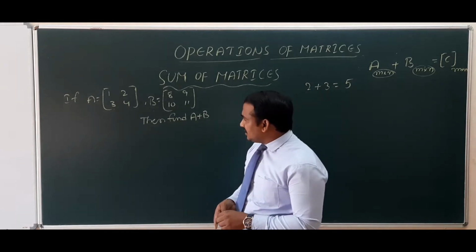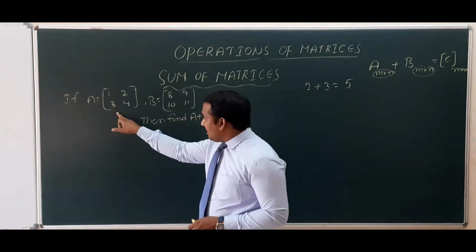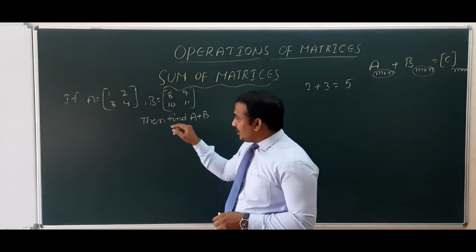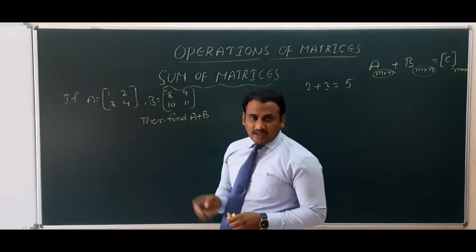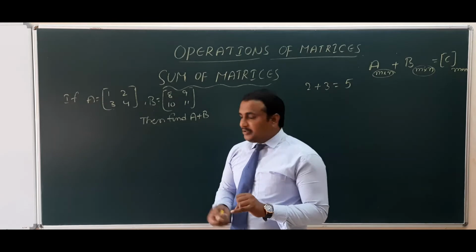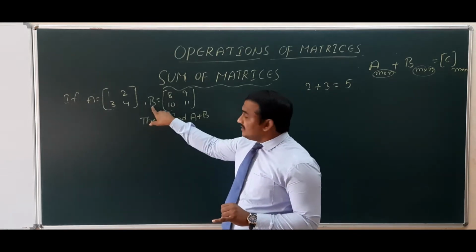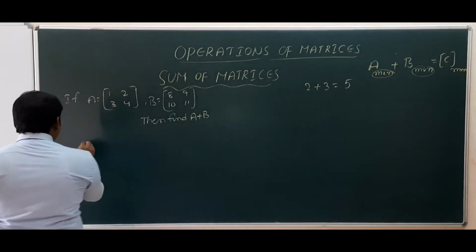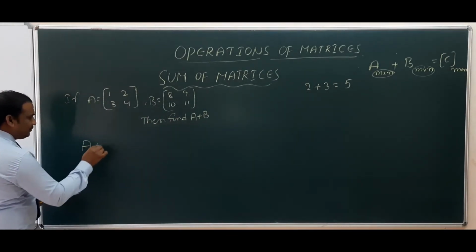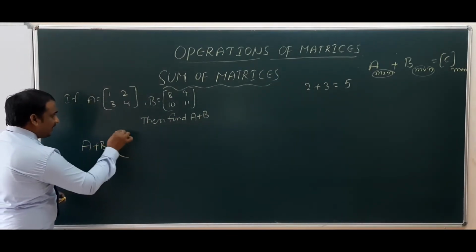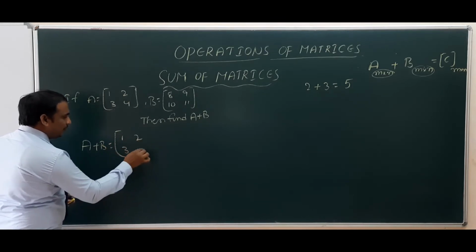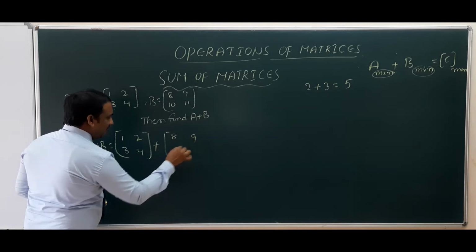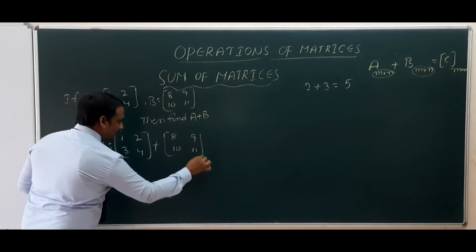Now you can see the question, what the A matrix and B matrix are. They are asking for the sum. Sum means first you have to check both matrices' order. If the order is the same, you have to sum the corresponding elements. Now A matrix 1 2 3 4 plus 8 9 10 11.